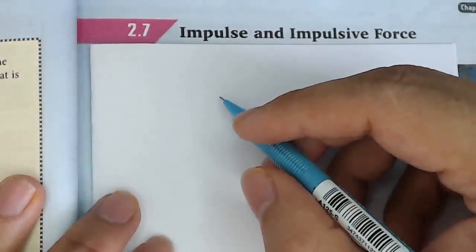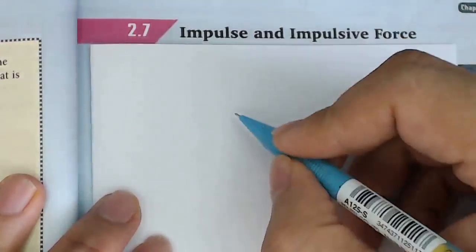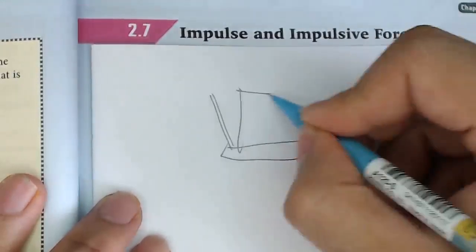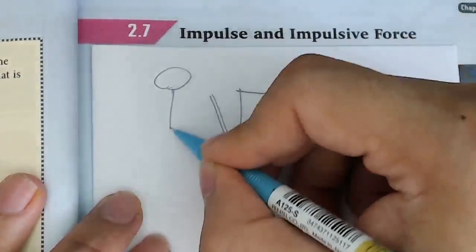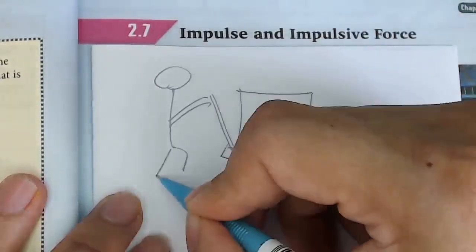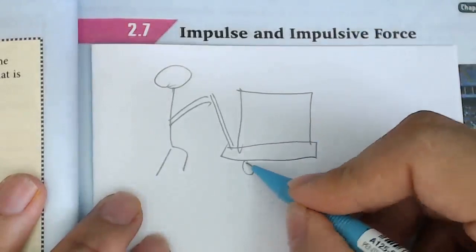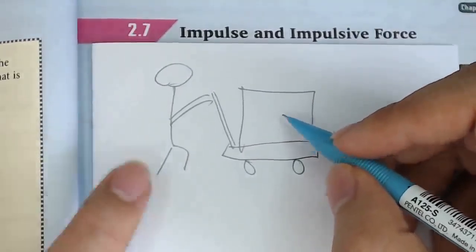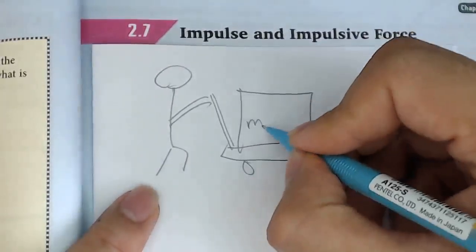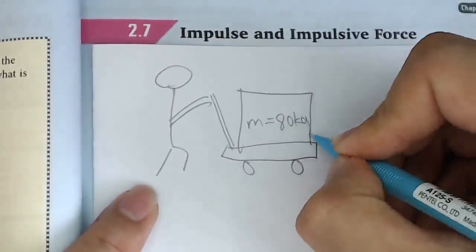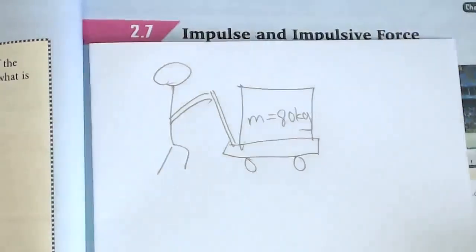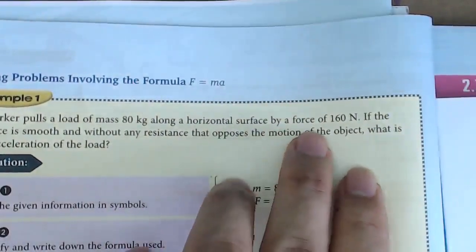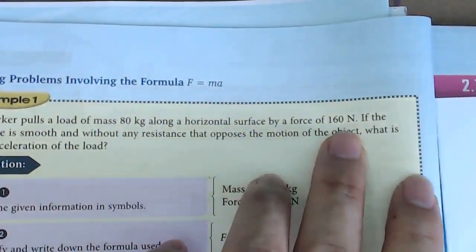As usual, you need a drawing. Let's say here is a load, a trolley with some load, and a worker pulls it. This load has a mass of 80 kilogram, along a horizontal surface by a force of 160 Newton.